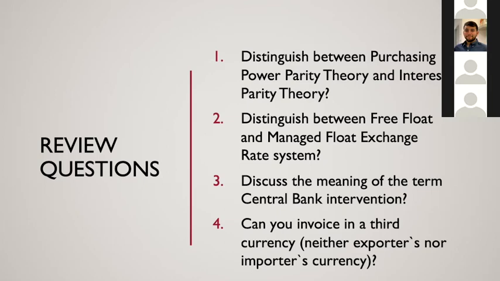Can you invoice? So I would prefer to pay in my currency, and you will not prefer to be paid in Japanese yen. You will prefer your currency. So sometimes, in order to avoid bias toward your currency or my currency, we can have a common currency or a third currency.